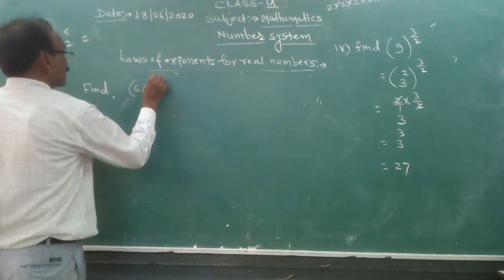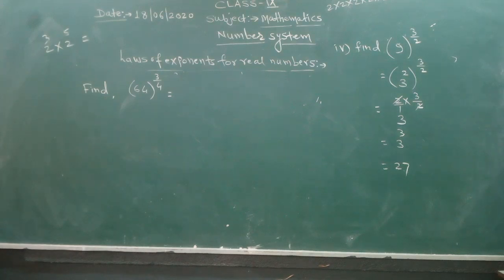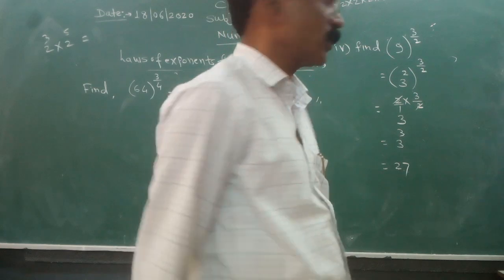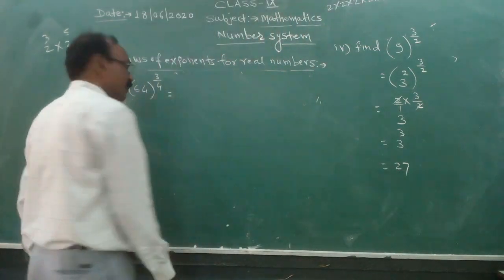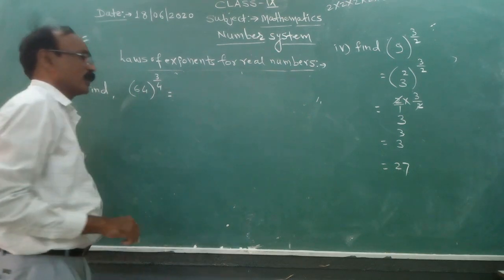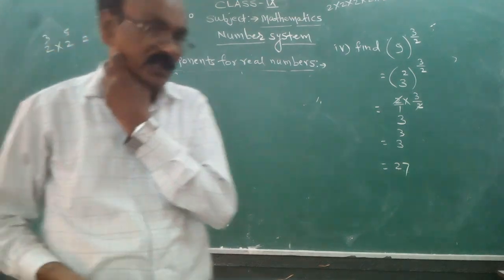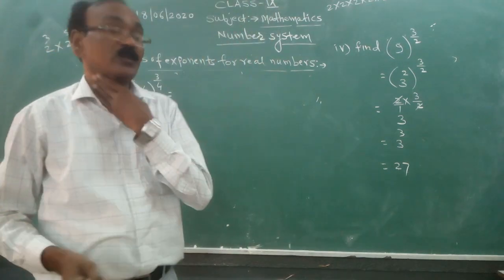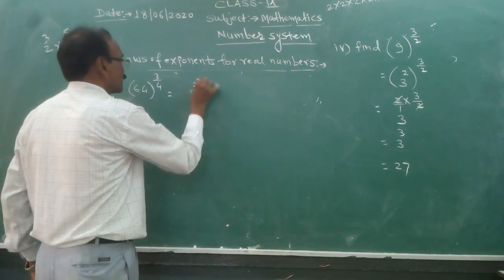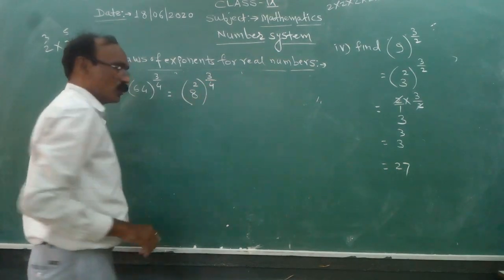Then 64 raised to the power 3 by 4. अब यहाँ पे 64 को कैसे लिखेंगे? 8 का स्क्वायर है 64 है ना, 8 का स्क्वायर। यहाँ पे किसी नंबर का पावर 4 है, क्या है 2 का पावर 4 तो नहीं हो सकता है, 3 का पावर तो हो ही नहीं सकता, 4 का पावर 4 भी नहीं 64 हो सकता। तो हम इसको ऐसे लिखते हैं 8 का स्क्वायर 64, ठीक है। Then 8 square whole raised to the power 3 by 4.